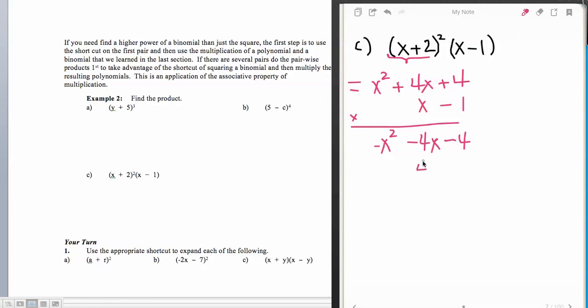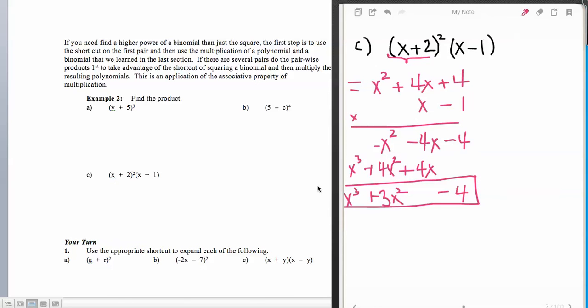Moving over, 4 times 1 is 4x. 4x times x is a 4x squared, and then x squared times x, which is an x cubed. And adding these together, we have a negative 4, a 0 there, a 3x squared there, and finally plus an x cubed there.